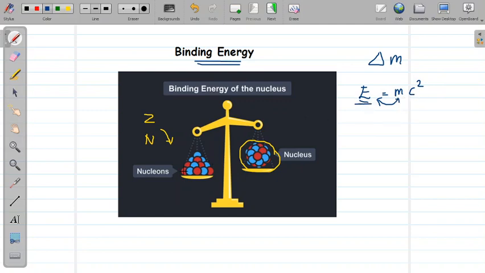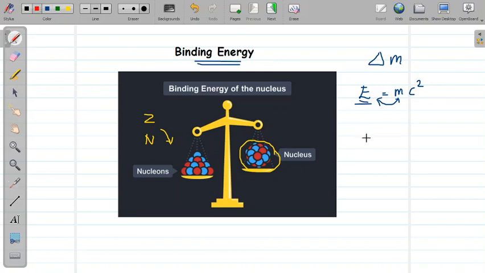So here we can see when nucleons combine to form a nucleus, a number of neutrons and protons, a number of nucleons are there initially and they combine to form the nucleus. Some mass is lost equal to the mass defect, which is delta M. And that lost mass will be converted into energy obviously.